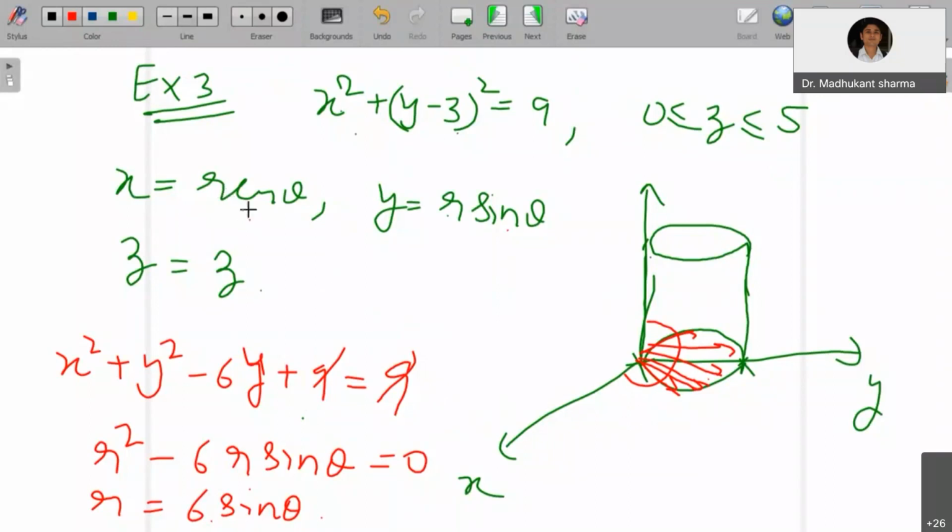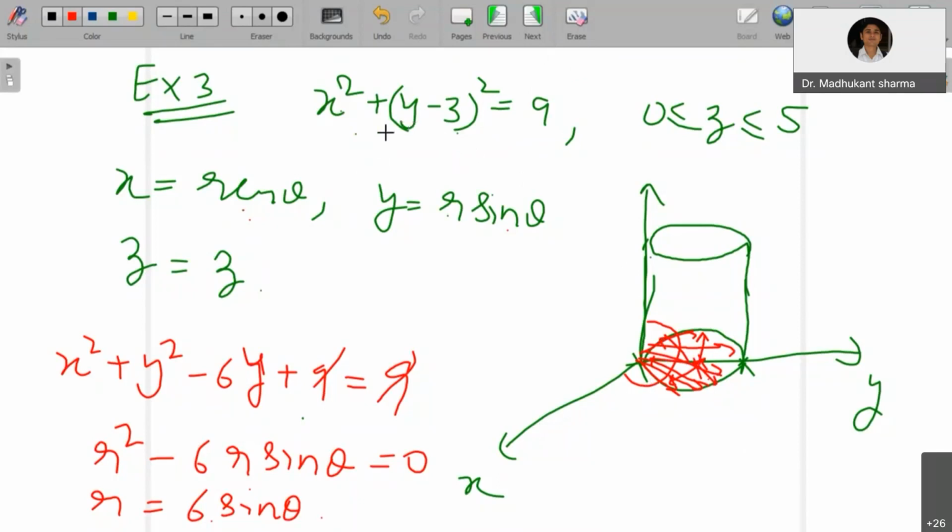But instead of that, if you take r cos theta and 3 plus r sine theta, then you are looking from the center, which is 0 comma 3, and r is from 0 to 3. Then theta is 0 to 2 pi when you look from the center.